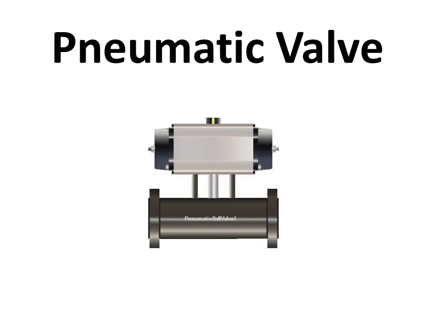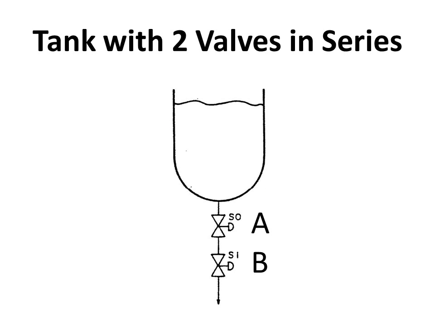And couple that with a pneumatic valve. So in the images that I will show you a simple schematic diagram of a tank and one or more valves. Also simple diagrams. So here is such a schematic diagram.